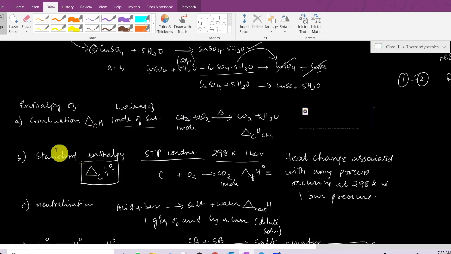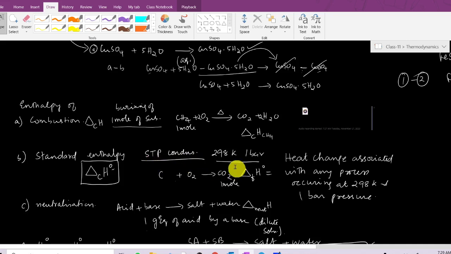So that is the application of Hess's law. Then we have another concept called standard enthalpy. Whenever you measure the enthalpy change under standard conditions, we call that STP, standard temperature and pressure.